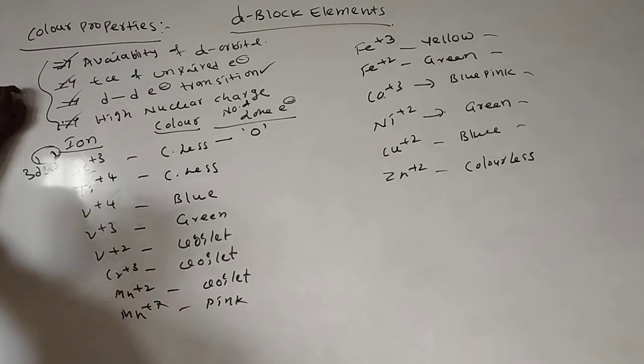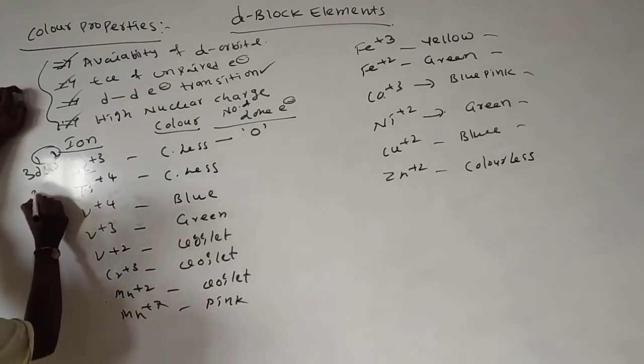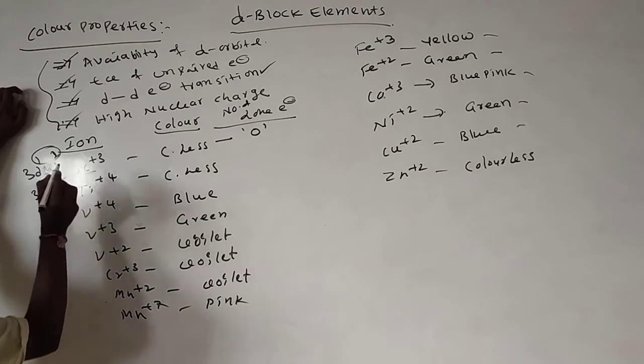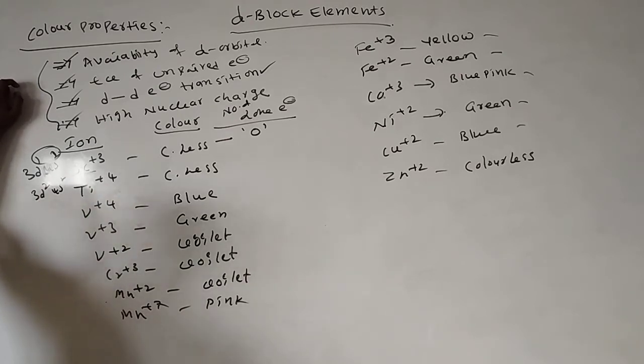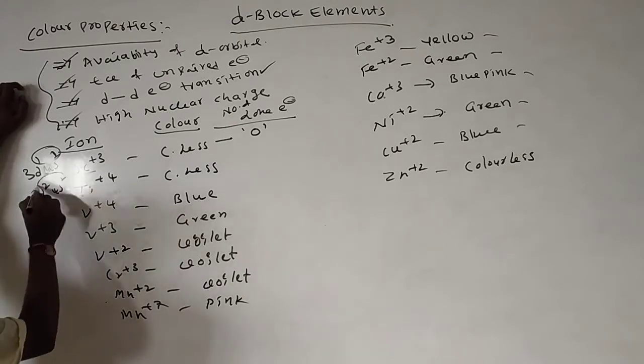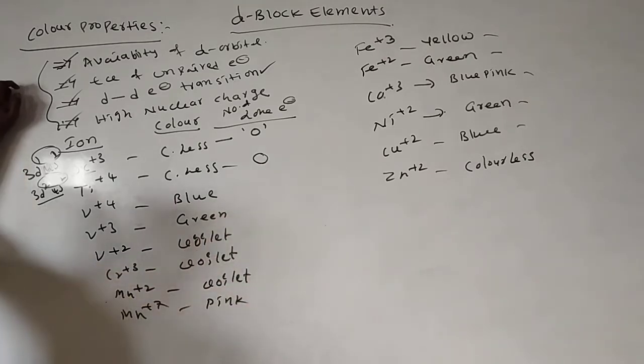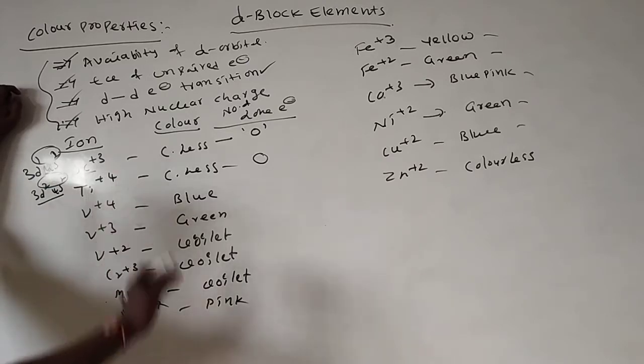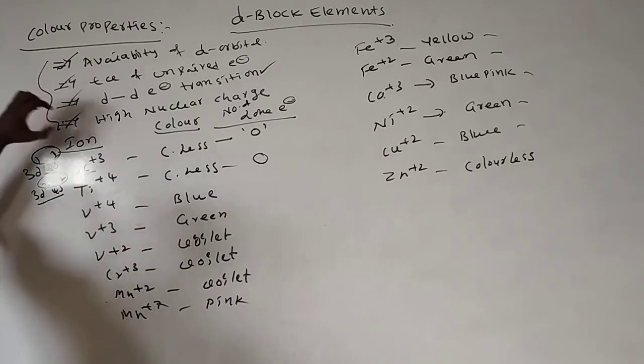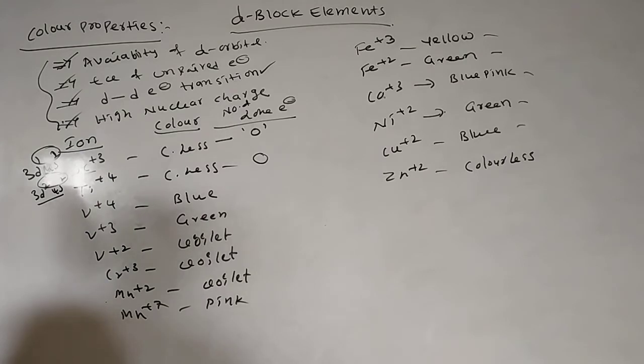Titanium +4, titanium atomic number 22, 3d2, 4s2. That means it loses 4 electrons. That means here also 0 electrons in outermost, completely filled. 0 unpaired electrons, 0 lone electrons are present in outermost orbit.